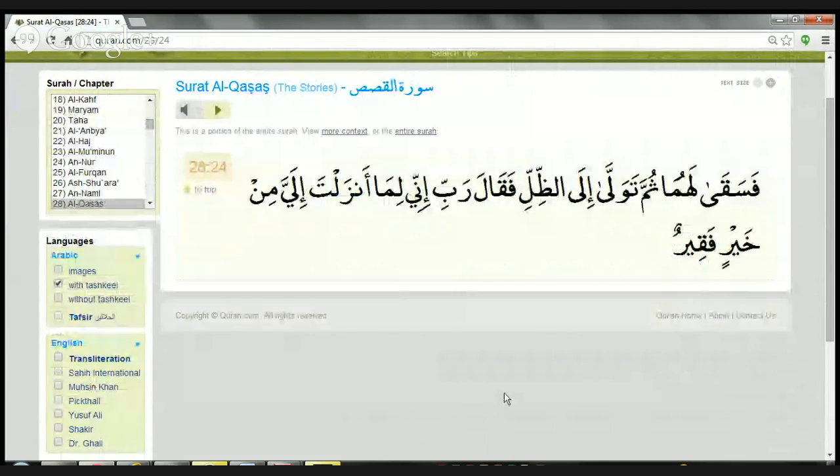Now this is about Musa alayhi salam. This dua is in Surah Al-Qasas, and in Surah Al-Qasas, let's go over what has been going on with Musa alayhi salam.